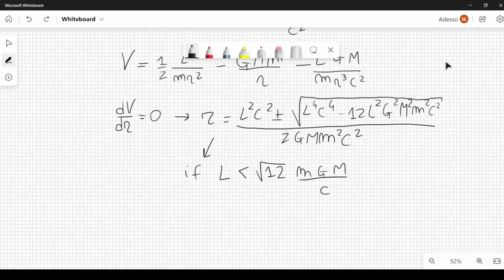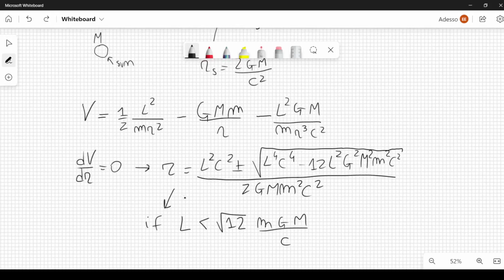This is important because you can see that in general relativity, if the angular momentum is too small, we don't have stable orbits anymore. Stable orbits can be found by setting the derivative of the potential energy with respect to r equal to 0.